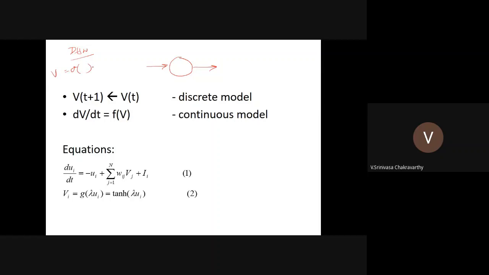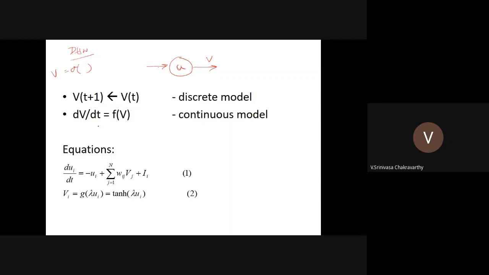Whereas in this case, output is not directly a function of input. The input controls an internal variable called U, and U controls the output of the neuron V. The relationship between the input and the internal variable U is defined by a differential equation. That is how you bring in the continuous time aspect of the continuous Hopfield network.